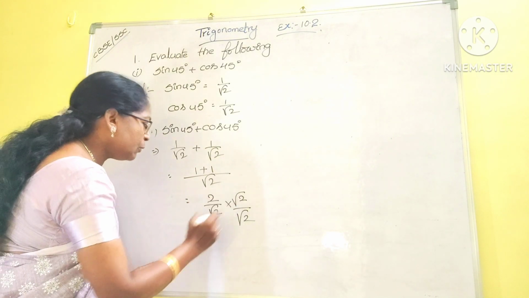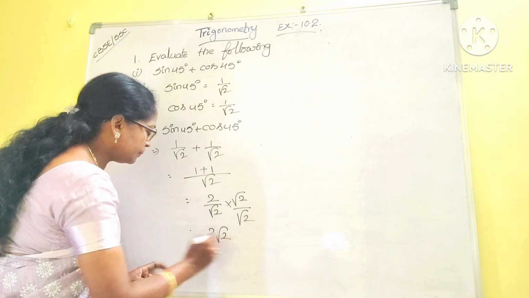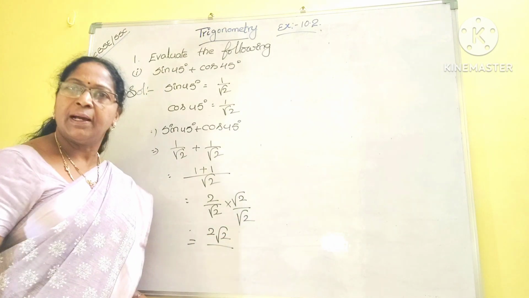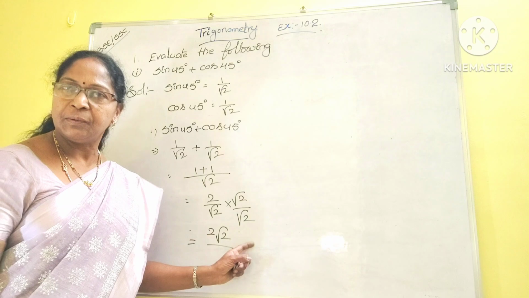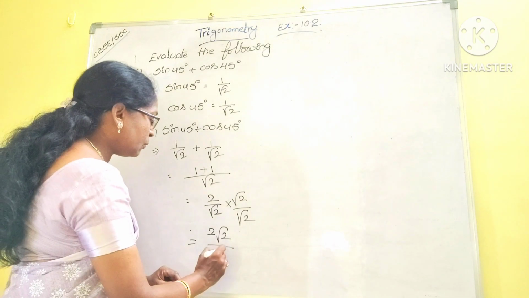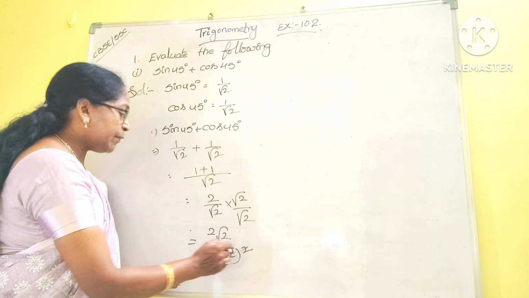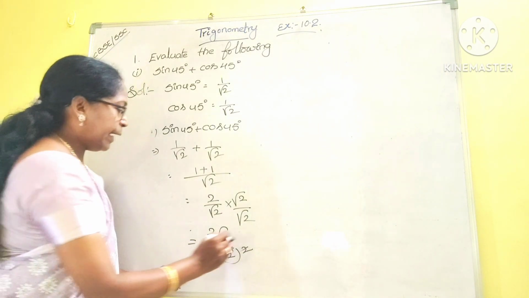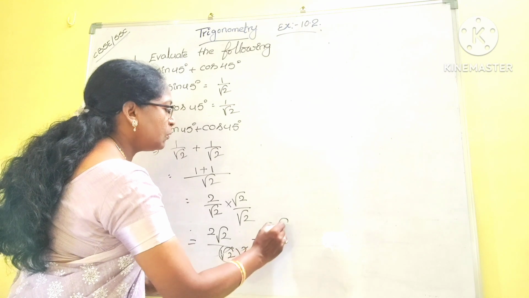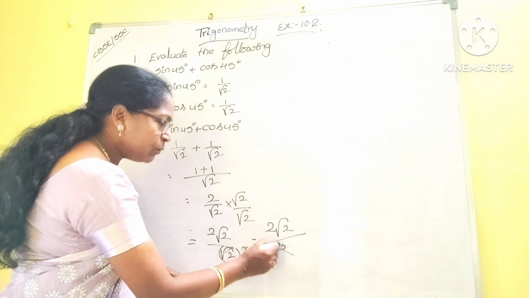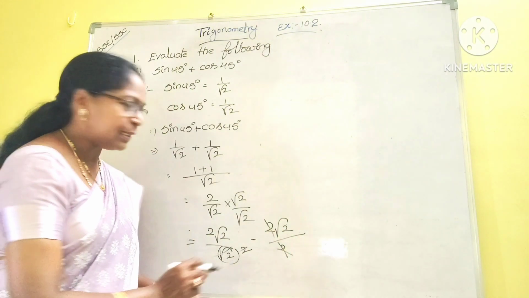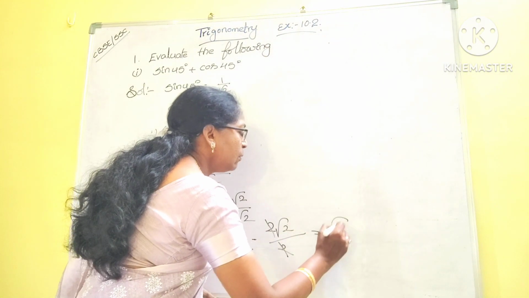Now 2 into root 2, 2 root 2, divided by root 2 into root 2, that equals root 2 whole square. Then the square and root 2 will be cancelled. Again that equals 2 root 2 by 2. Again 2 and 2 will be cancelled. The final answer equals root 2.